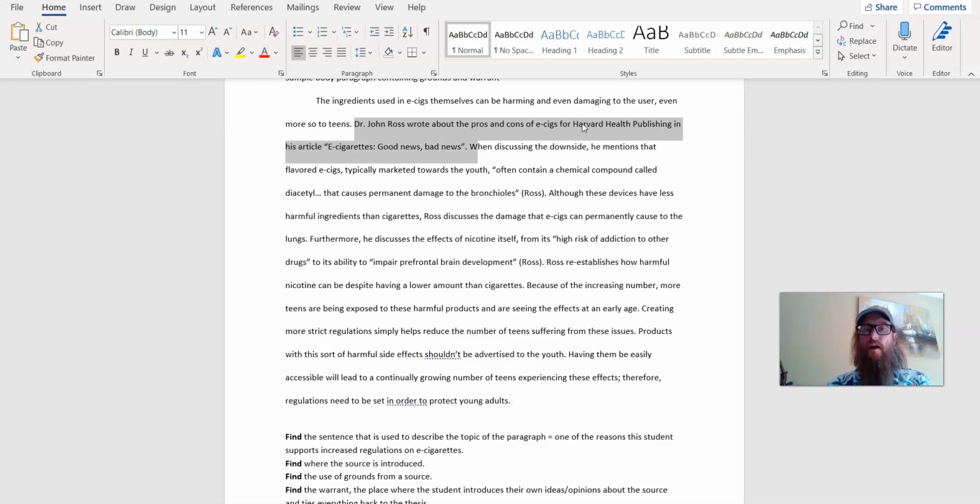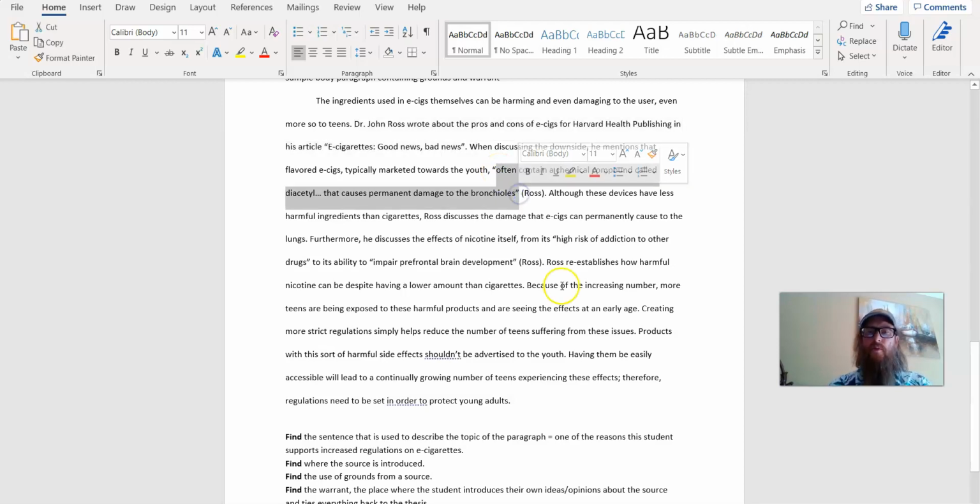Where are the grounds? So remember, his reason for this paragraph is that e-cigs present risks to teens in particular. Reader says, prove it. And he says, okay, here's my grounds that I have from Dr. Ross. They've got this chemical that causes permanent damage to the bronchioles.